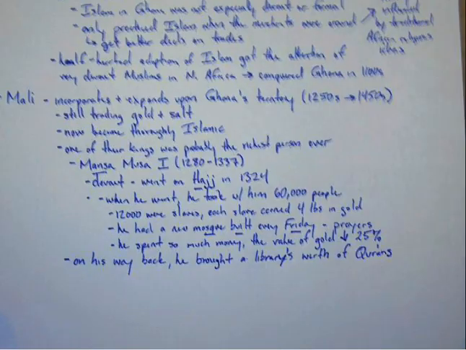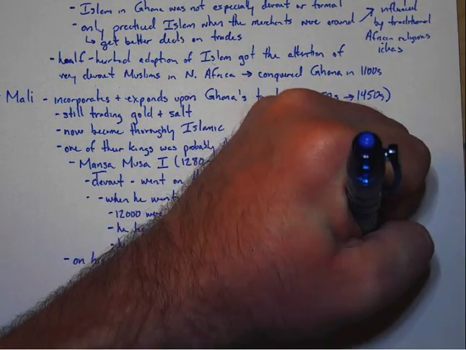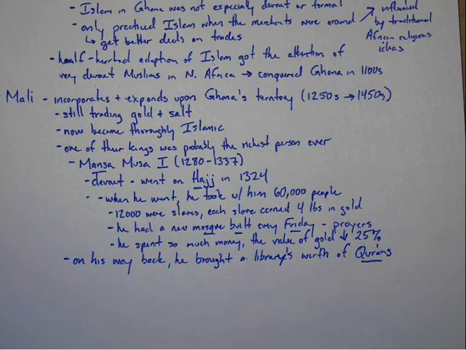And remember that there weren't printing presses, there weren't copy machines. If you were buying a library's worth of Qurans, that meant that each one of those was handwritten. And they were extremely expensive.